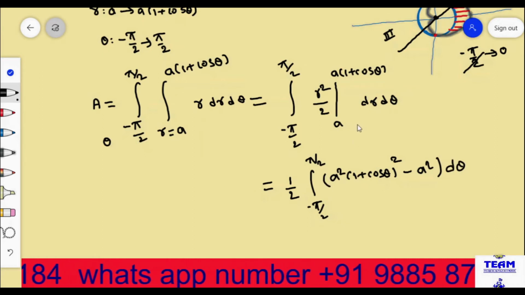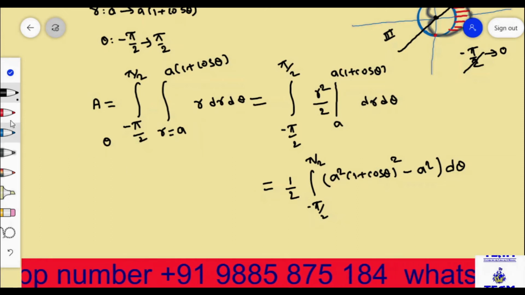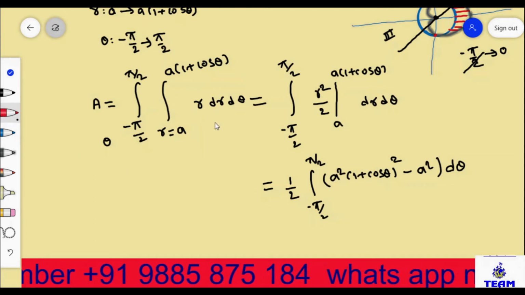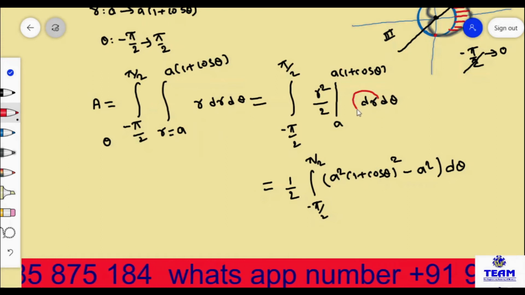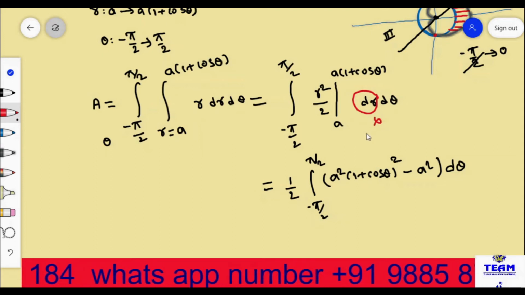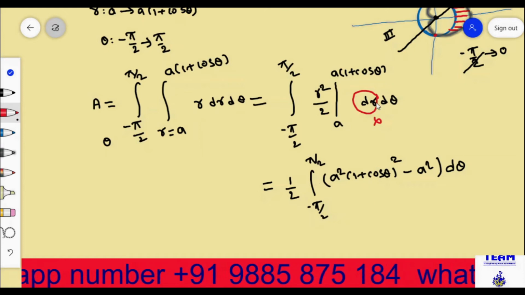Here I wrote dr, which is wrong. When you have integrated with respect to r, how can you write dr again? If you find this mistake, then you are understanding clearly, right? There is no dr.